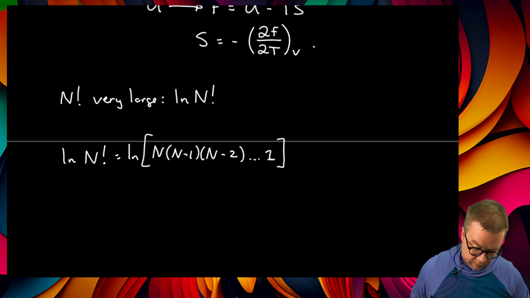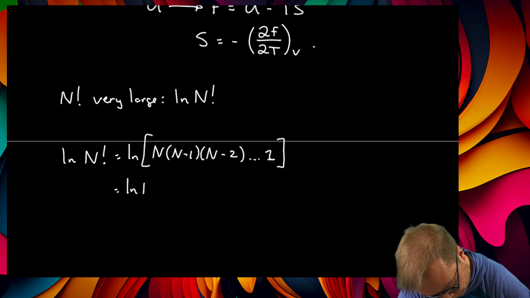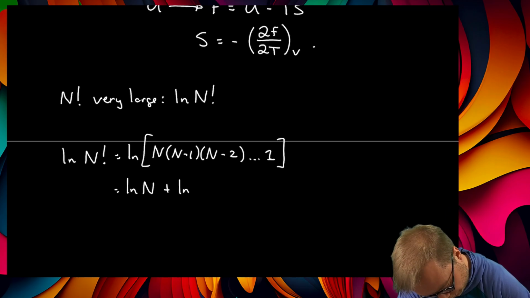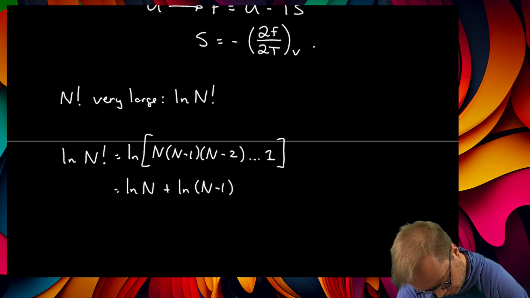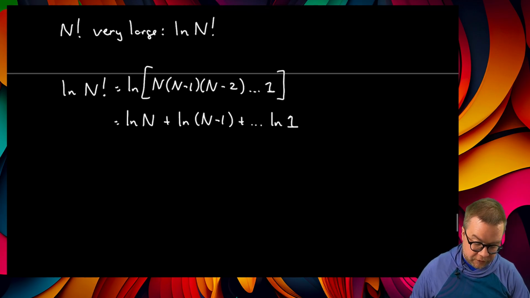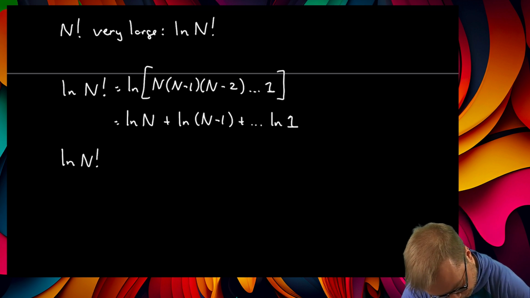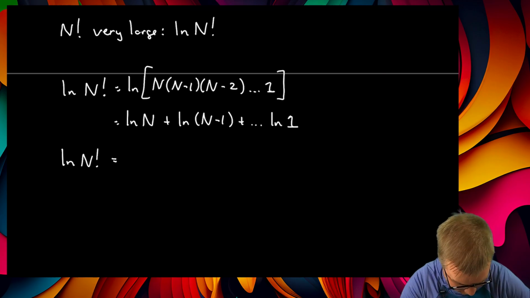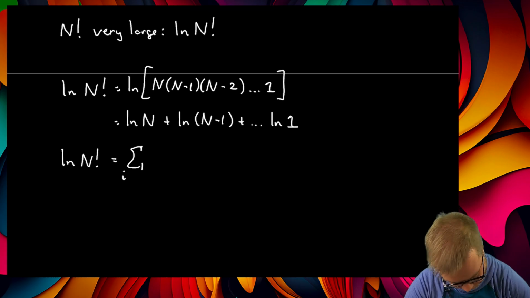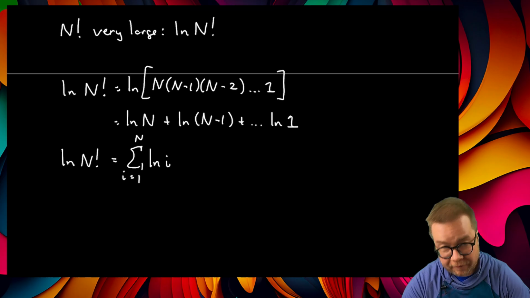Since we have the logarithm of a product, we can separate that into a sum of logarithms. So this is the same as the logarithm of n plus the logarithm of n minus 1 plus dot, dot, dot, plus the logarithm of 1, which is 0, of course. So we can express the logarithm of n factorial equivalently as a sum, with i from 1 to n, of the logarithm of i.